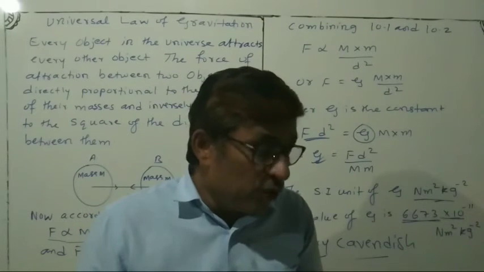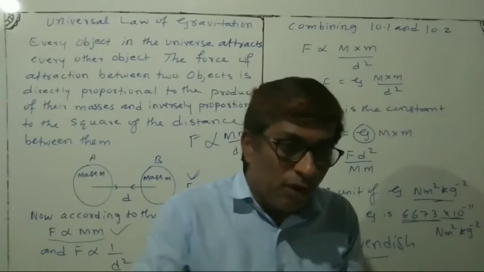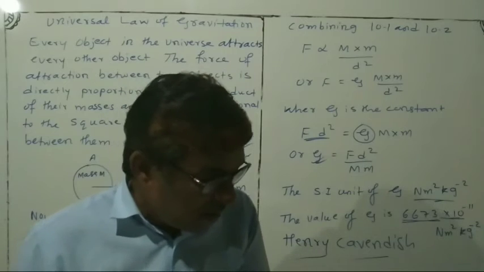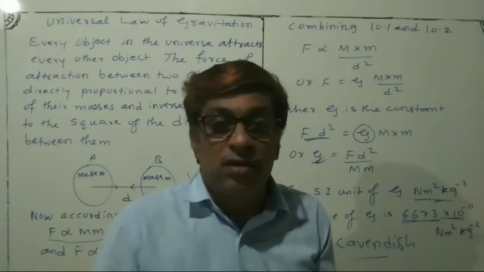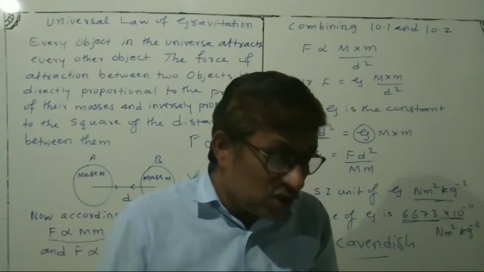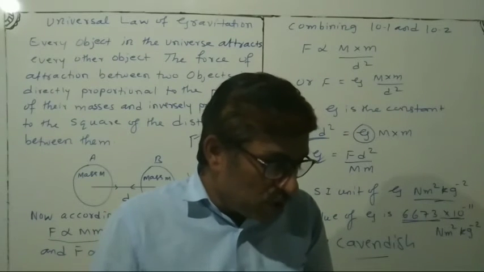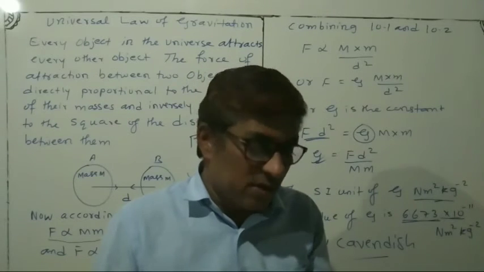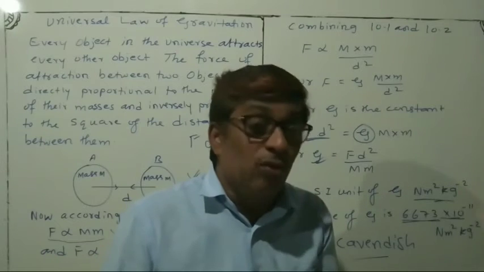Again I will repeat the importance of the universal law of gravitation. This is a very, very important one, dear students. The first is the force that binds us to the earth. The second is the motion of the moon around the earth. The third is the motion of the planets around the sun.